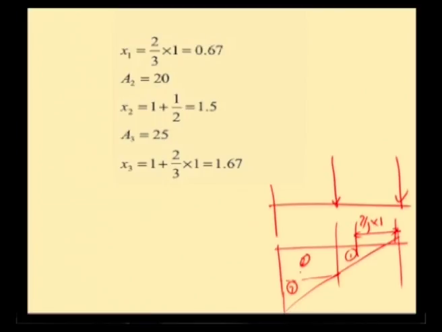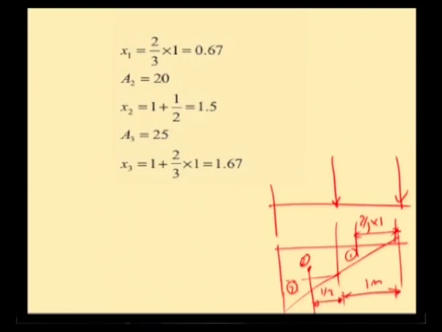Then area 2 we have already computed is the area of a rectangle, and the CG of the rectangle will lie exactly at the center. So this is 1 meter and this is 1/2. So x2 will be 1 plus 1/2.